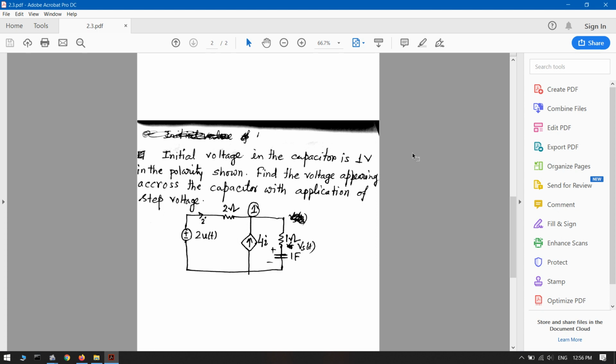Find the voltage appearing across the capacitor with the application of step voltage. Initially the capacitor voltage was 1 volt. Now you have to find the voltage across the capacitor when the step voltage, 2 into u(t), is applied in this circuit. Can you solve this?